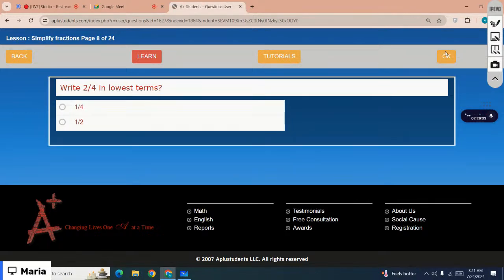Very good. Okay, write 2 by 4 in lowest term, which is the correct option. The correct option is 1 over 2 is the correct option, right?